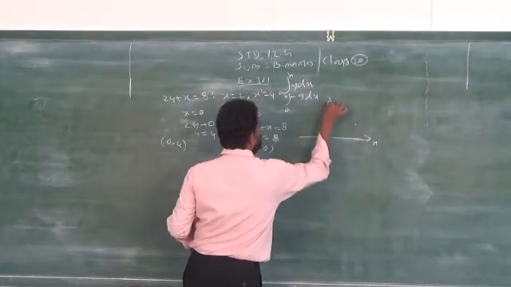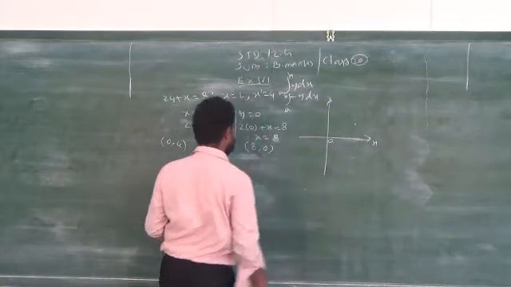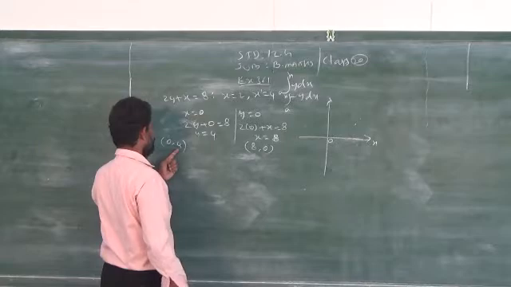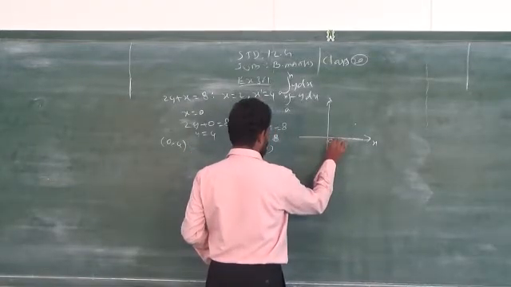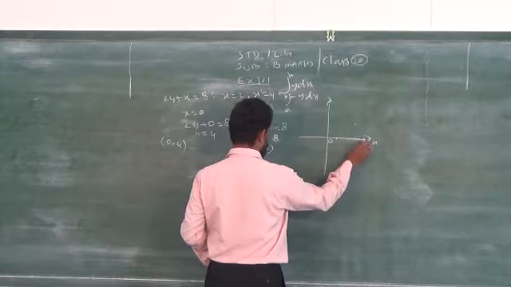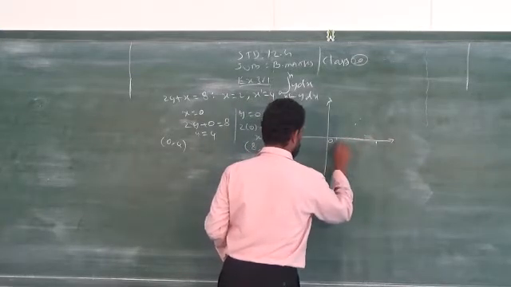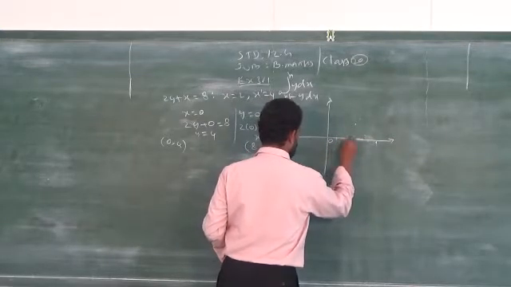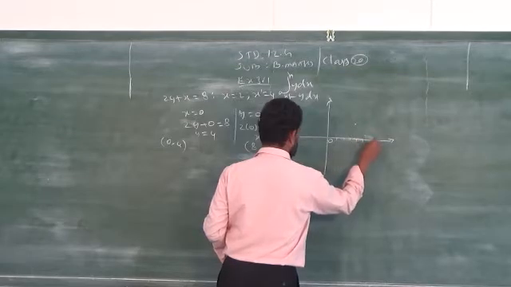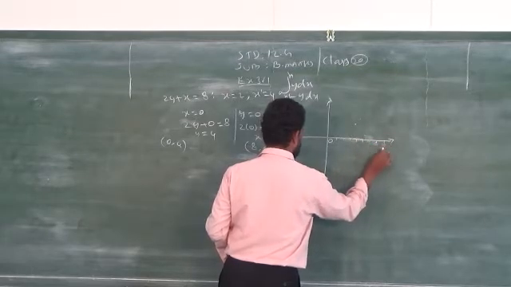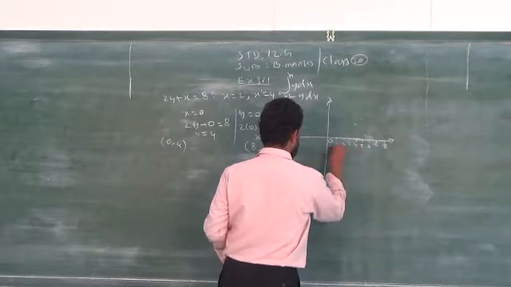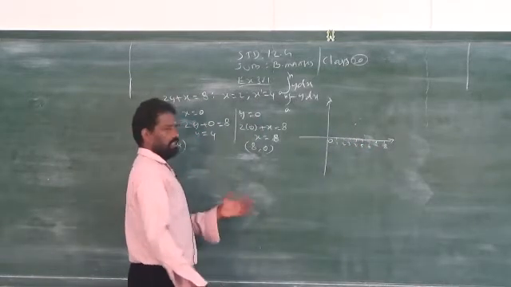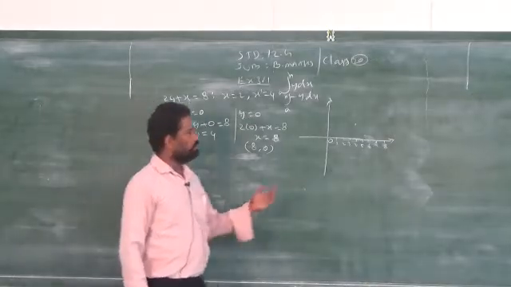X axis, just for a rough diagram, 0. So maximum y is 4, x is 8. So I consider 1, 2, 3, 4, and 1, 2, 3, 4, 5, 6, 7 and 8, isn't it? Just for your understanding purpose I did this, so no need to take exactly.